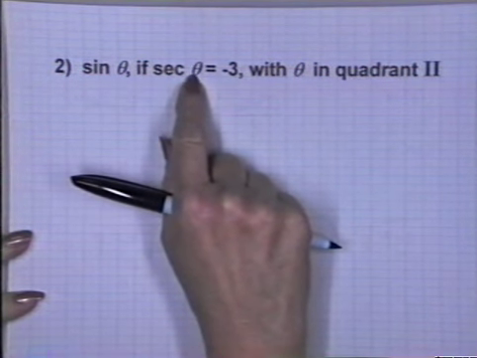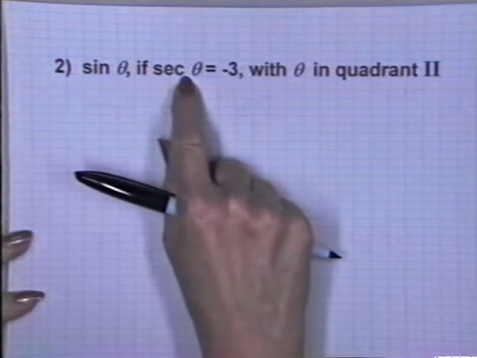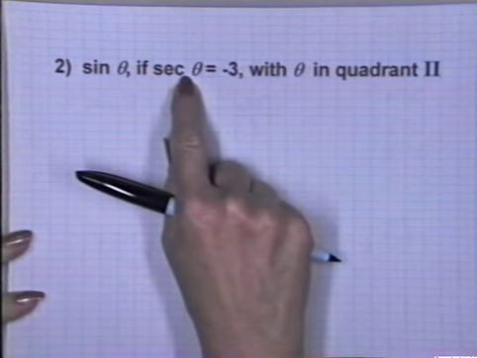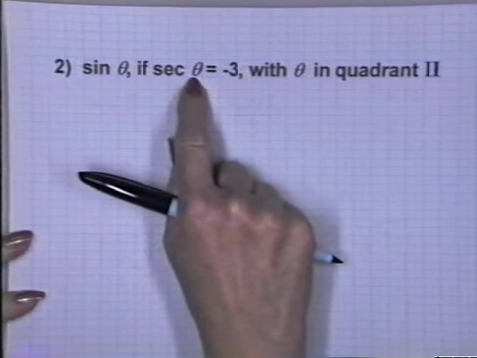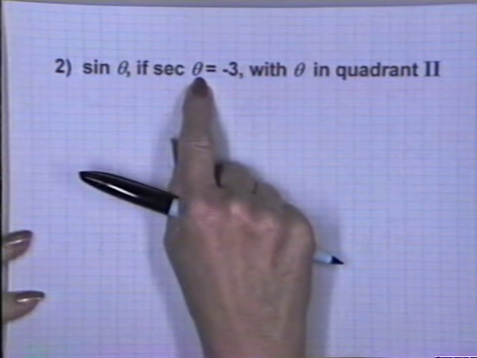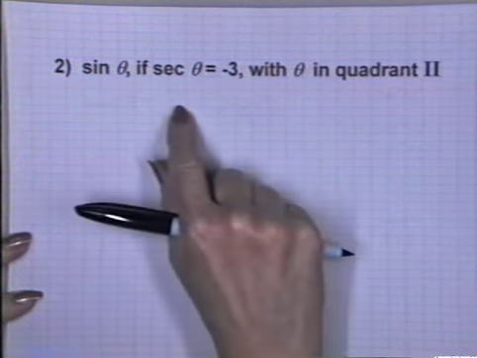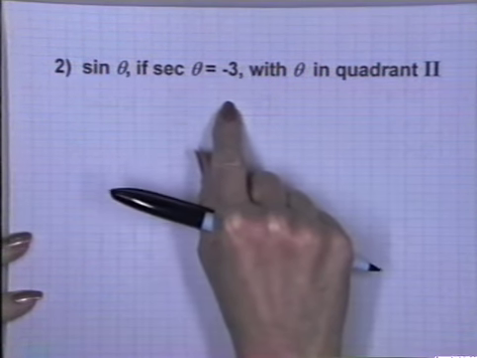The first thing would be the cosine of theta, which would simply be the reciprocal. The second thing would be the function that is related to the secant in the Pythagorean identity, which would be the tangent. So, given this information, we can either find the cosine or the tangent.